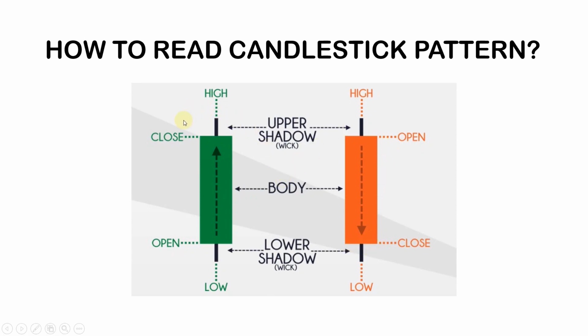So if you notice one thing, in the case of a green candle the open price is below the close price, but in the case of a red candle the open price is above the close price. This is the main difference between a green candle and a red candle. We can also call them a bullish candle and a bearish candle.